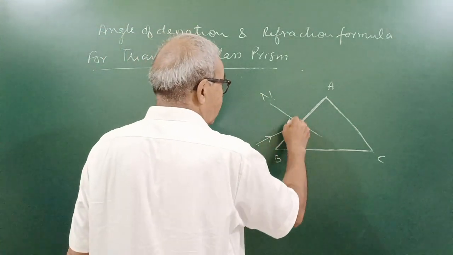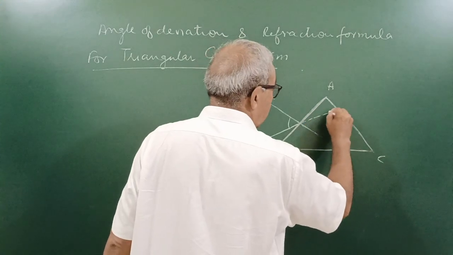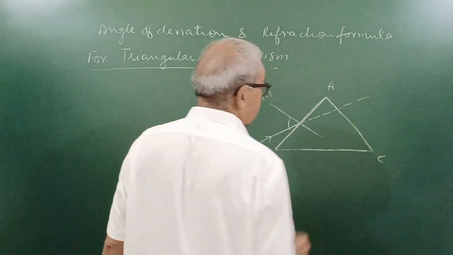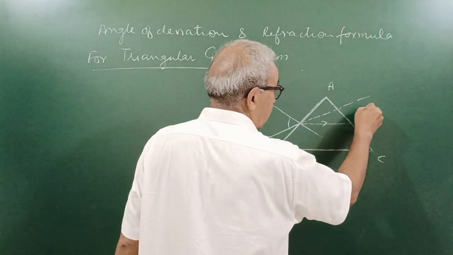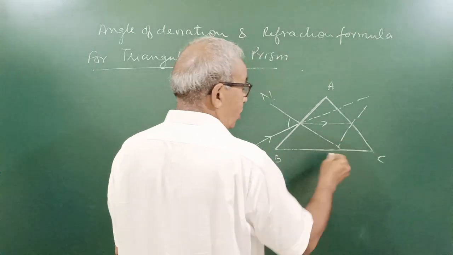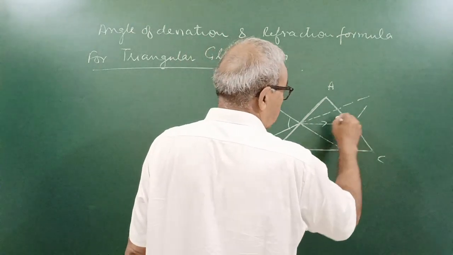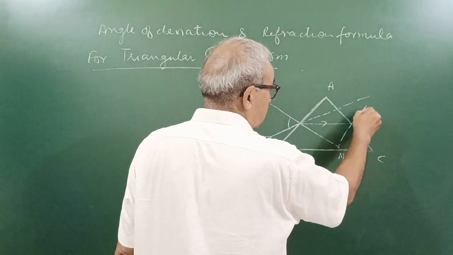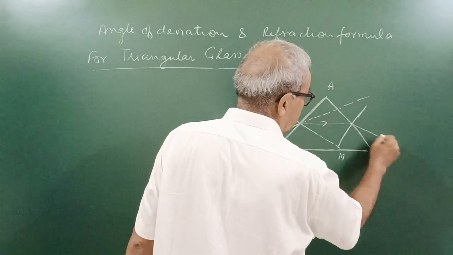This is the angle of incidence. So in the absence of the prism, the ray would have gone like this, straight, but it went toward the normal. Here is another normal. They can meet at this point M. Then it is going from glass to air, so it bends away from the normal, like this.